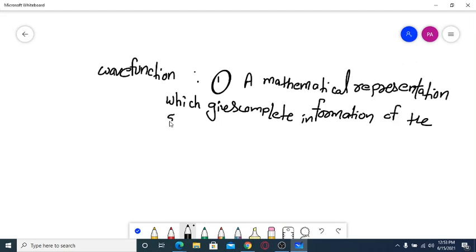So this particular part we studied in the last class.